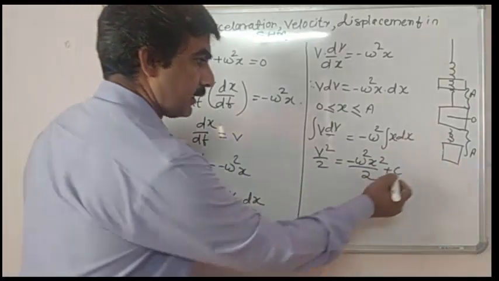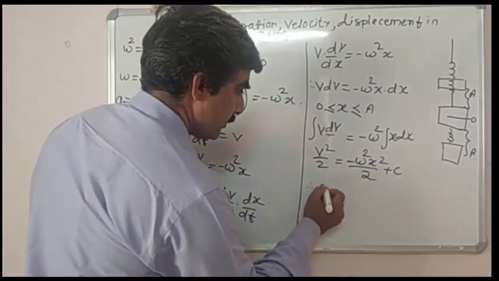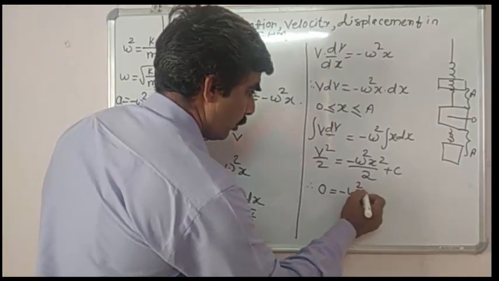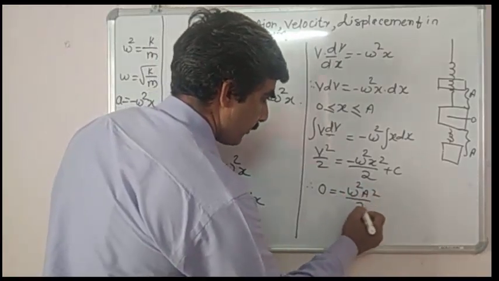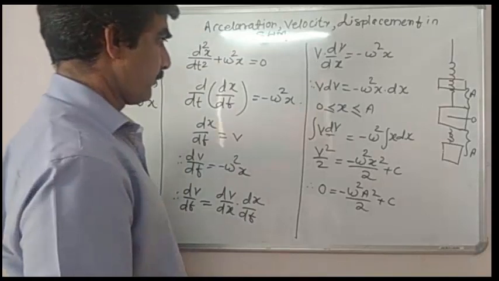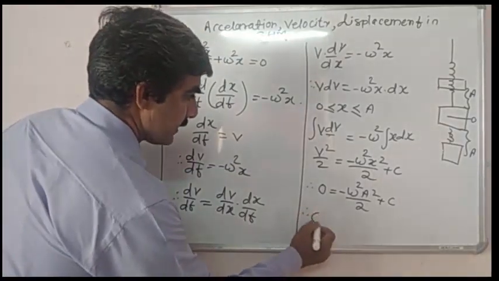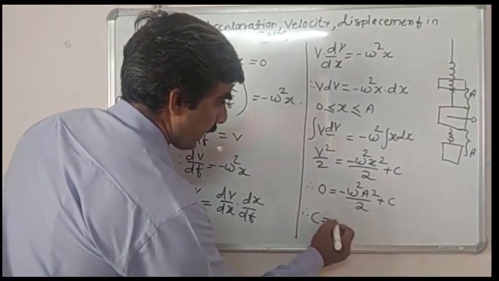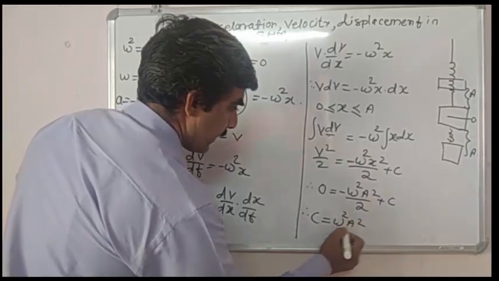Substituting this value, we get 0 equal to minus omega square A square by 2 plus c. Or we can write c equal to omega square A square divided by 2.